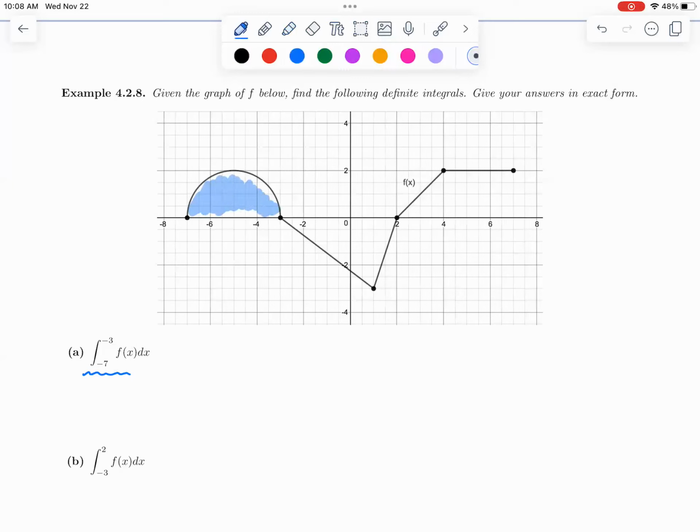Here's -7, here's -3. So that's the upper half of a circle with radius 2. One half times pi times the radius squared, which is 2 pi then.